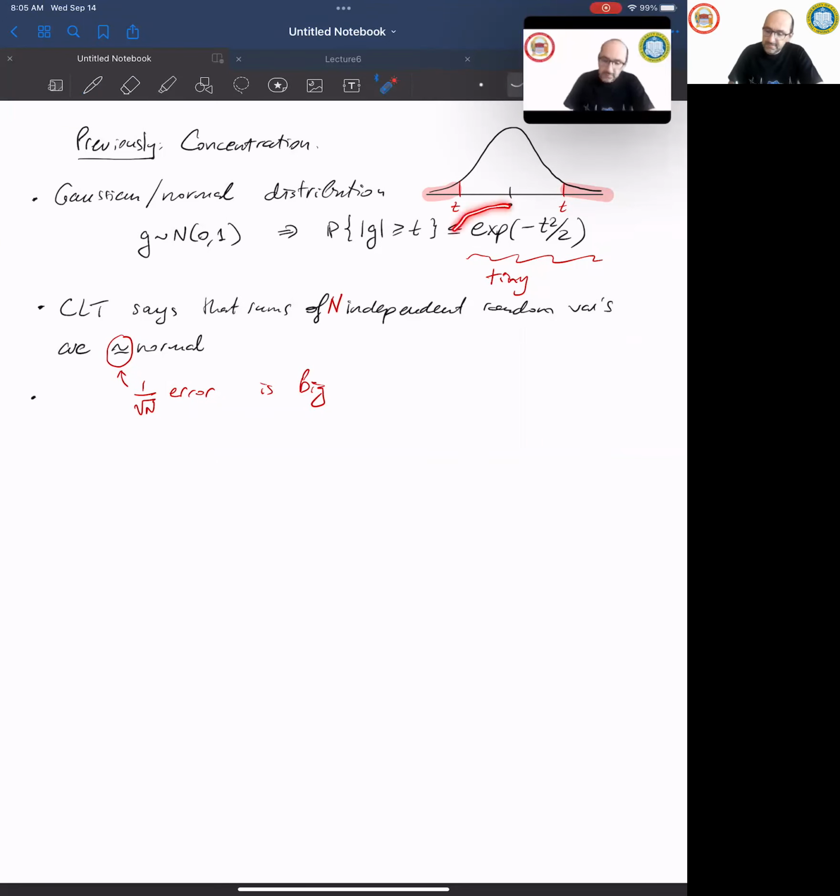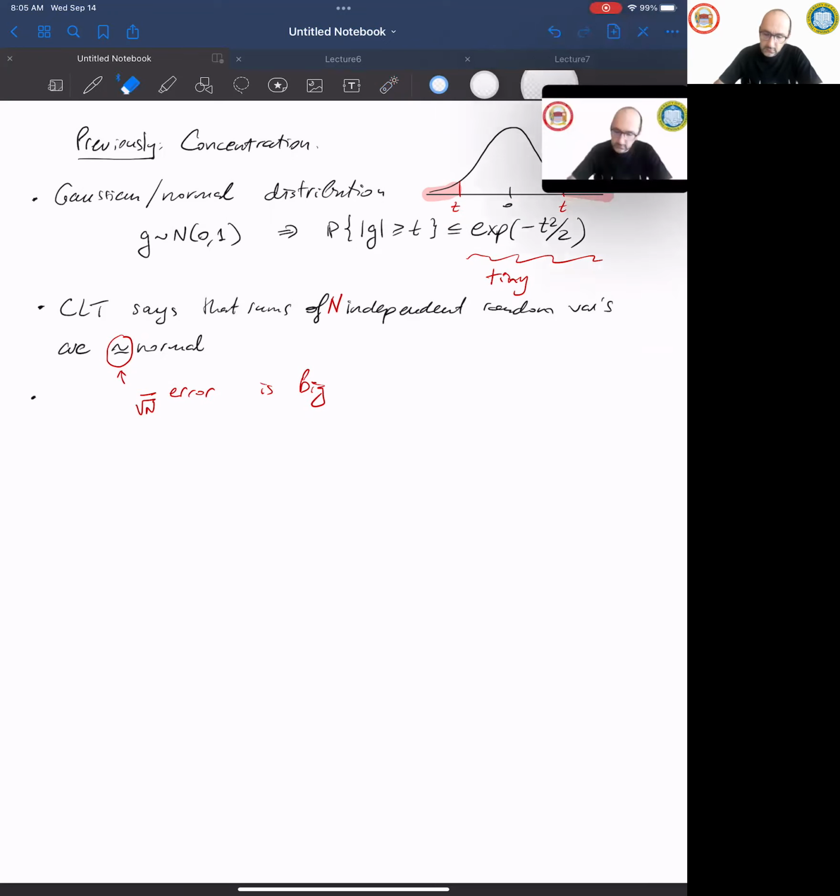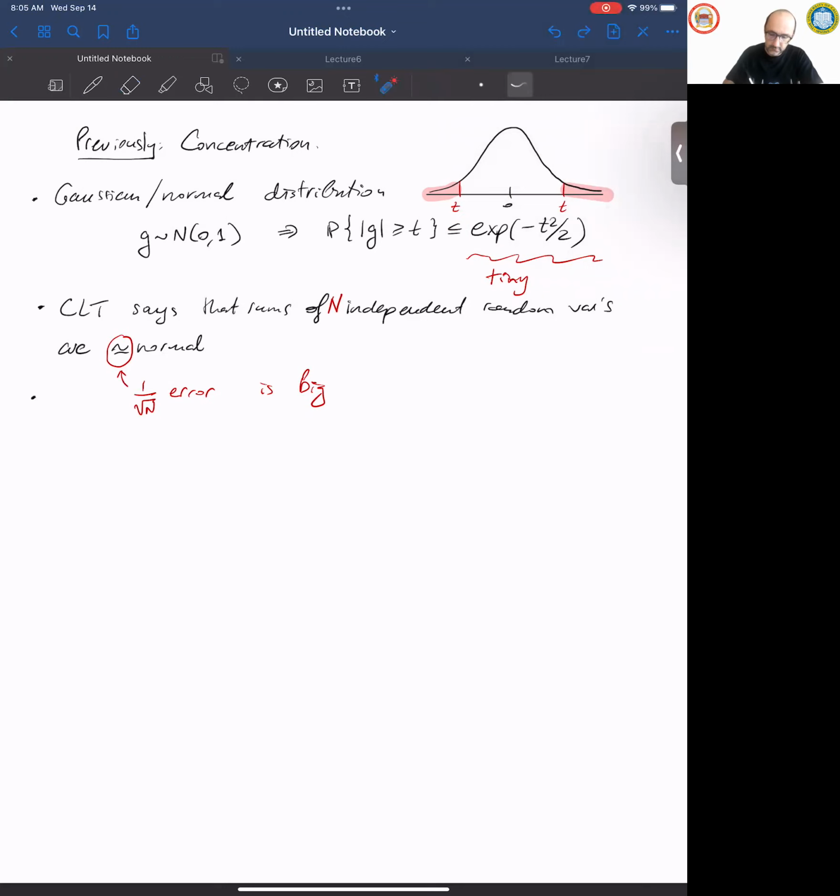We said we should be so confident. It's like e to the minus t squared, a very, very tiny probability usually. And this is invalidated basically by this error, which is too big. It's 1 over root n. It's not exponentially small. So, okay, that's a big problem.